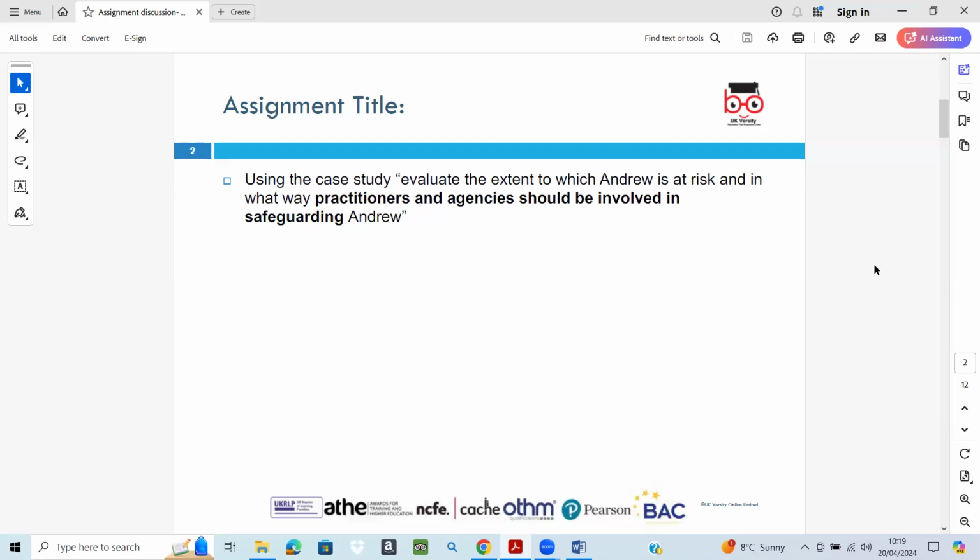Now, evaluating the extent of risk involves not just identifying signs, but also understanding the context. What environment or social factors should we consider? In Andrew's case, we will look at his living condition, the people he interacts with daily, and whether he has a supportive network or not. All these factors play into his overall safety and well-being.